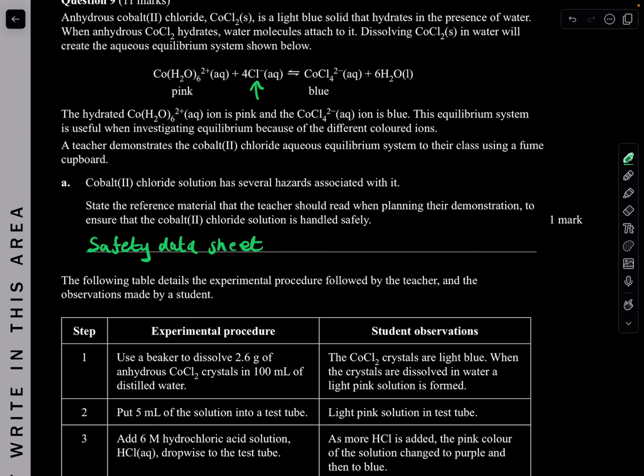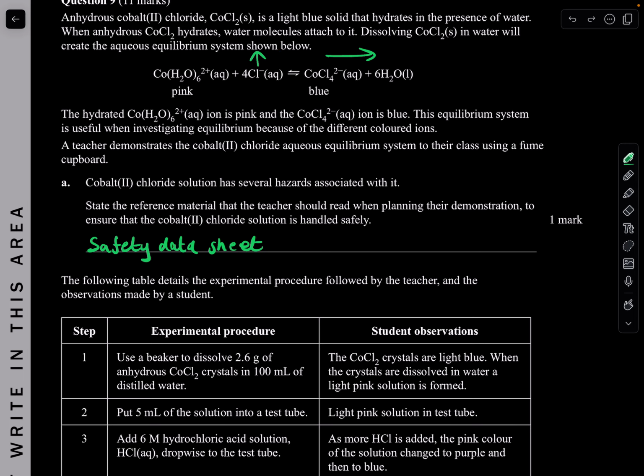Le Chatelier's principle states that the system is going to try to counteract that change. Because this has increased, it's going to shift to the right to counteract that increase in concentration of chloride, and hence results in the blue color.